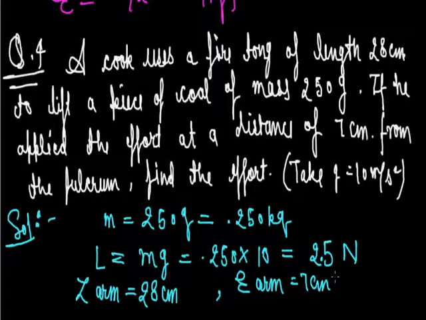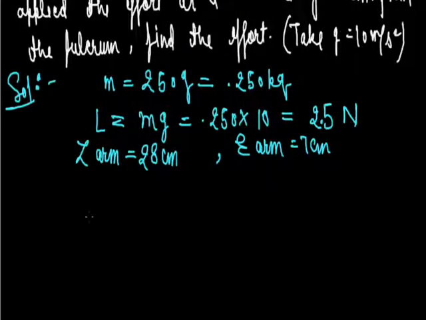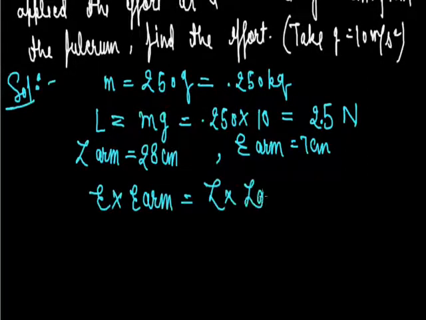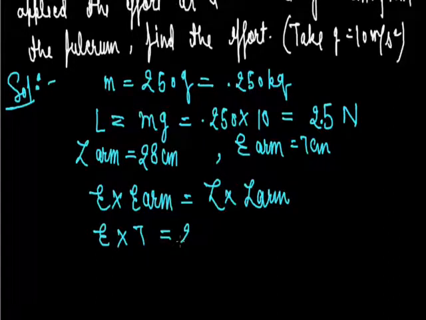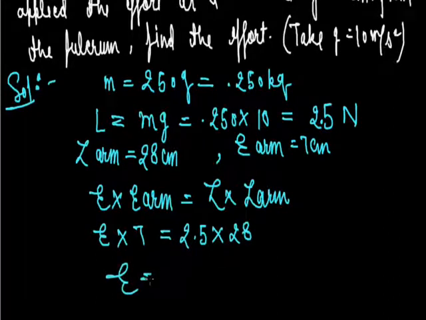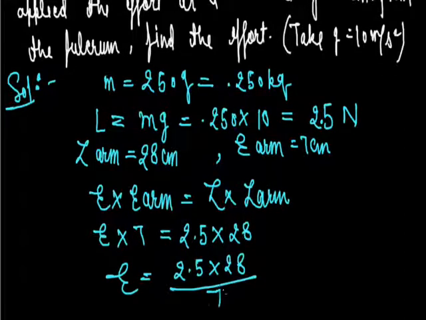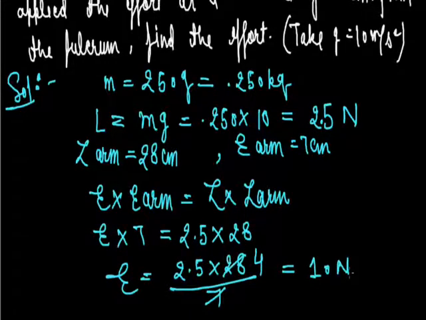Now we have to find out the effort. Again the same formula, effort into effort arm equals load into load arm. Effort we have to find, effort arm is 7, load is 2.5 Newton and load arm is 28. So effort will be 2.5 into 28 upon 7. When we solve this we get 10 Newton. So effort will be 10 Newton.